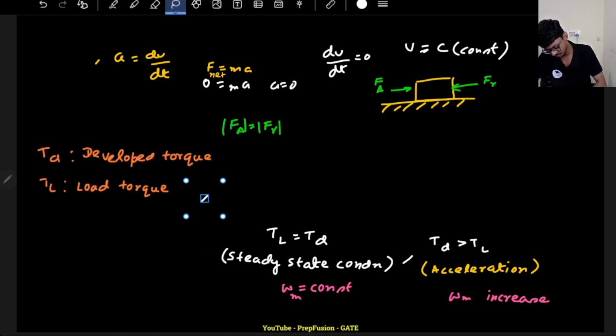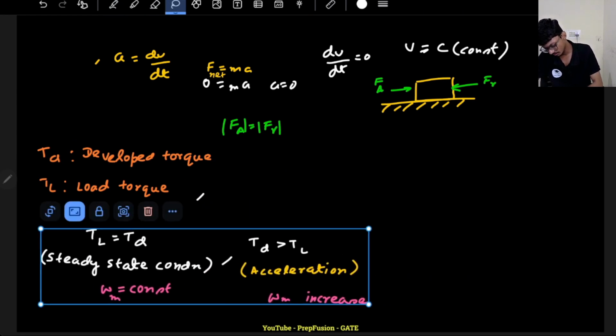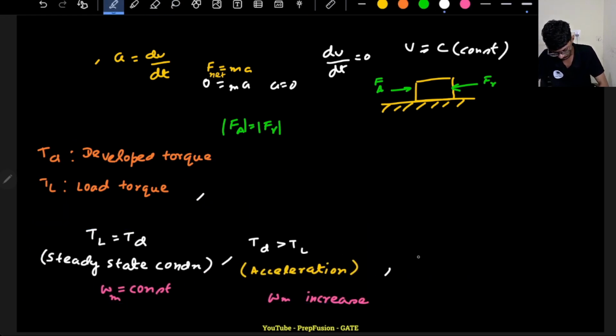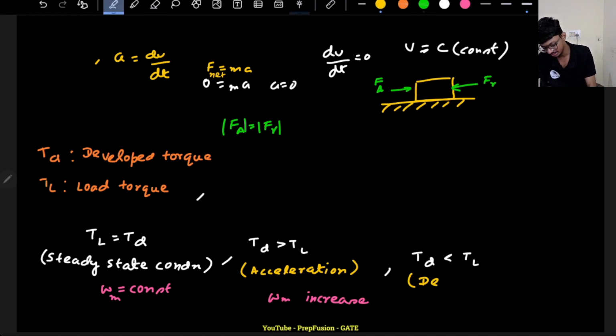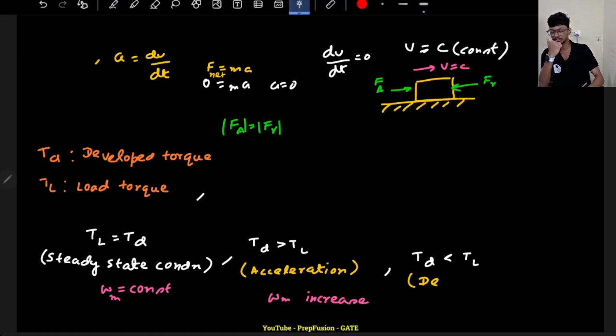And in the last condition, if let's say my developed torque is less than load torque, then there will be deceleration. As the name says, the restoring force is higher than the applied force, so of course the block will go backwards, so there is deceleration. Whatever the speed initially was, if it was initially going here with a speed of c, as the opposing force is higher, now the speed will reduce.